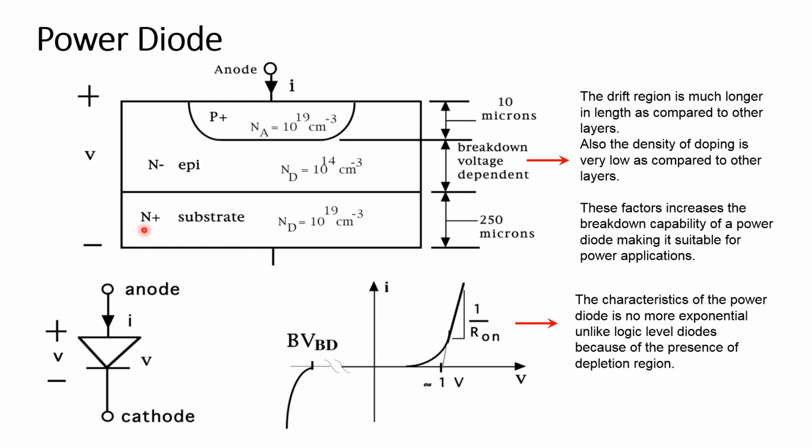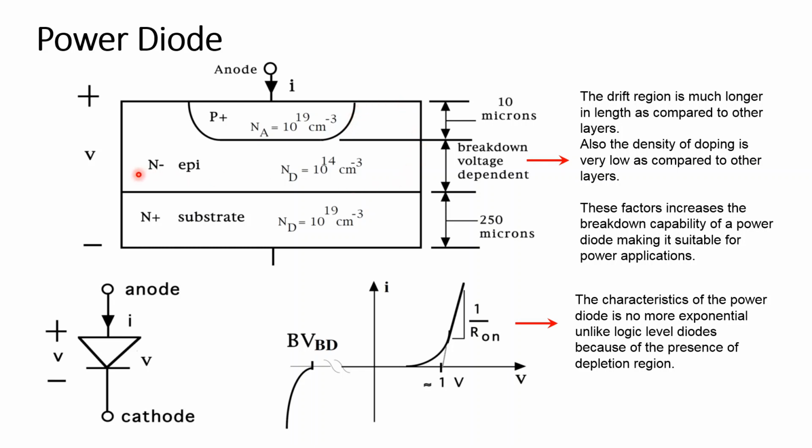Here we have N plus region, which means that this is an N-type material having high doping. So the plus indicates high doping. Here the number of donor atoms per centimeter cube are 10 to the power 19, and then over it we have an N minus region.